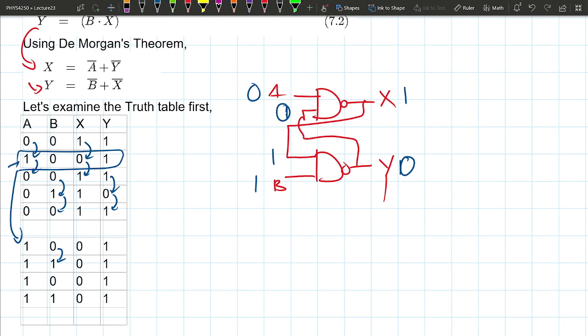So let's see what these inputs look like now. Okay, so A is 1. I'm going to make B 0. Okay? And then the starting state, right, is 0, 1. Right? So that means this is going to propagate over here. Right? So this input is 1.